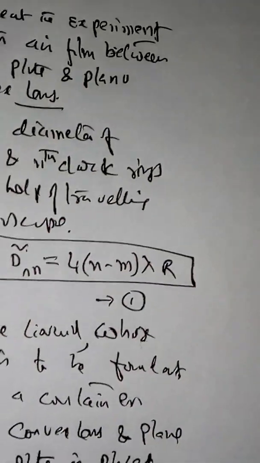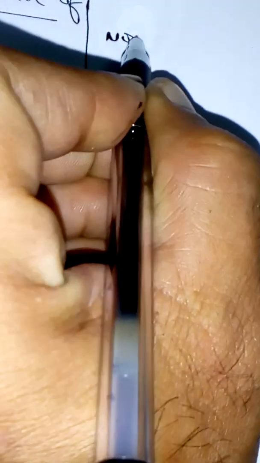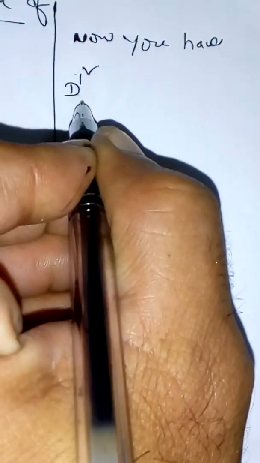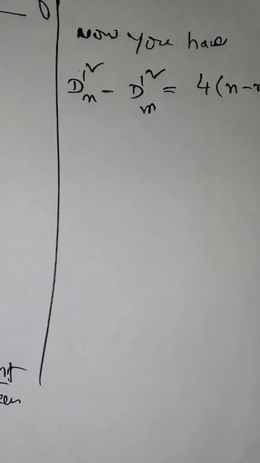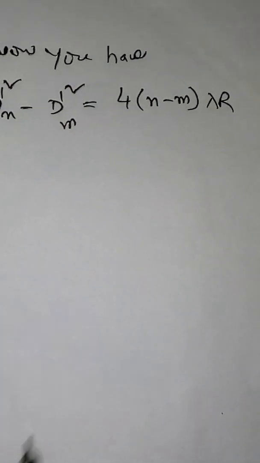Now because you are finding for the same rings, let us say d dash square n minus d dash square m is equal to 4 into n minus m lambda r. This is another formula.